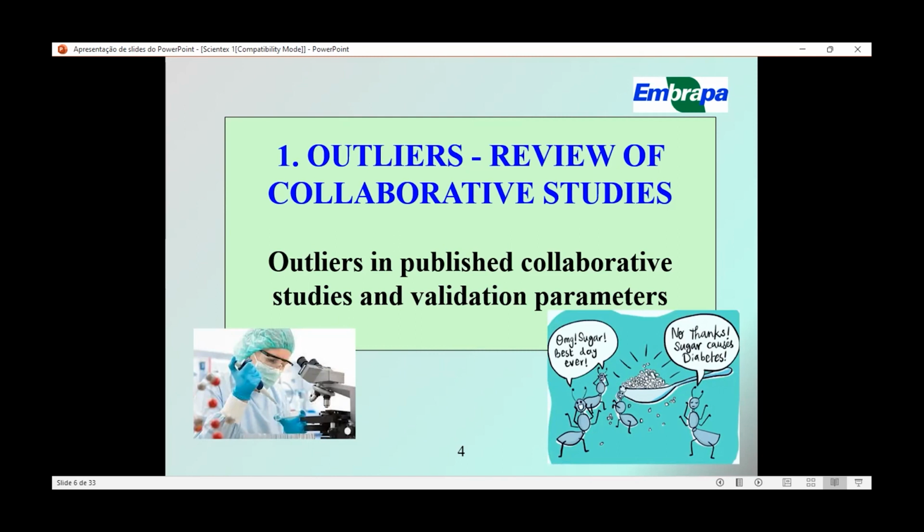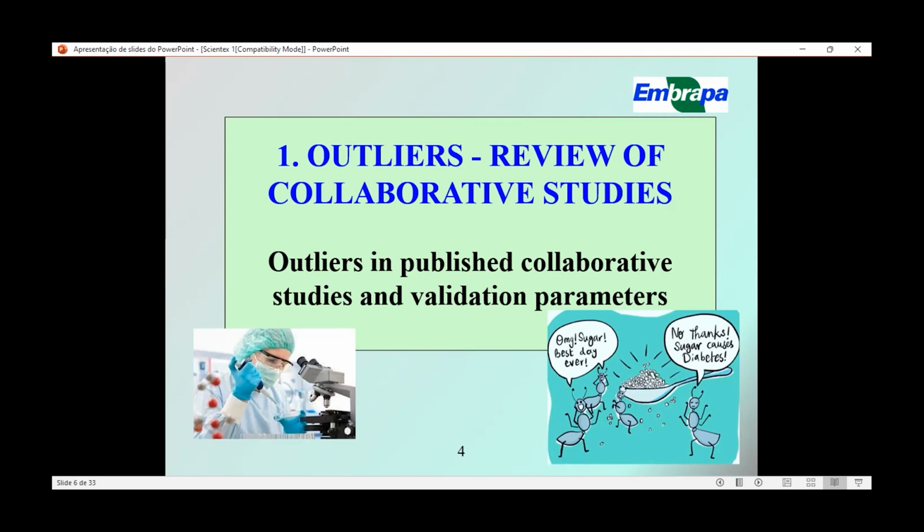How much are they valid? Therefore, our work was intended to check this out. To this end, we used previously published collaborative studies and validation parameters in the checking.